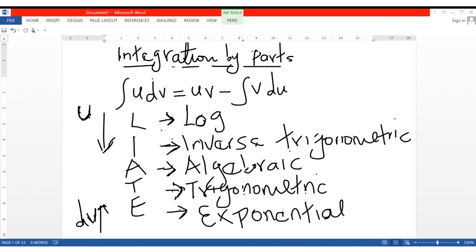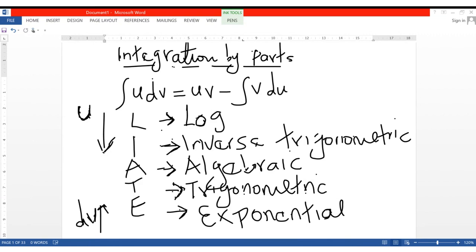LIATE. So you can see, if you have two functions, a log and an inverse, the log will be given as u, and then the inverse will take the other one, which is the dv. If I have a log and an algebraic function, again the log will take the u, and then algebraic definitely will take the dv.